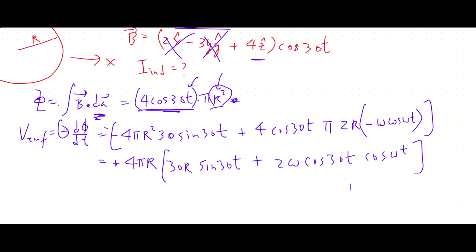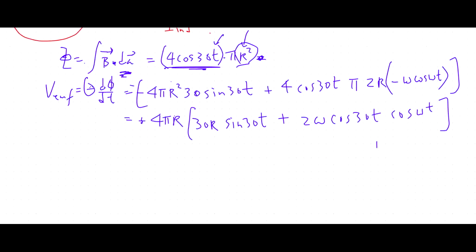And then to find the current, of course, it's V over R, but foolishly, I used the capital R for radius, so I cannot use R for resistance. So I'm just going to say divided by the resistance. We didn't really specify, but anyway, it's basically this, divided by R. Any questions? The math is not too bad, right?